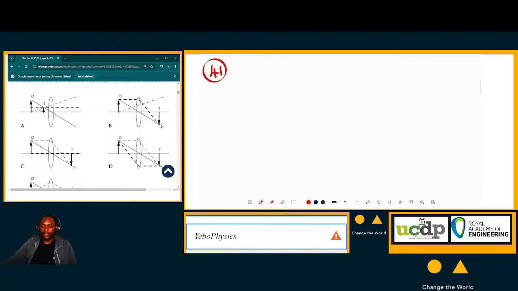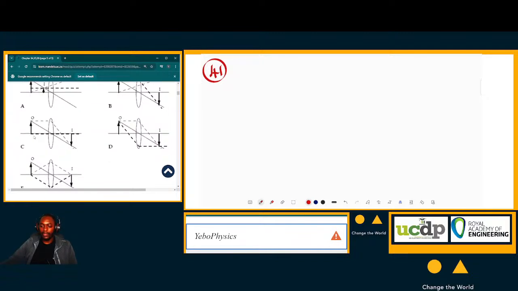Also, we dismiss B for the same reasons. Any ray that passes through the principal axis will pass through unrefracted. Any ray that passes through the optical center will pass through unrefracted. Any ray parallel to the principal axis will bend and pass through the focal point. So we can take option C.